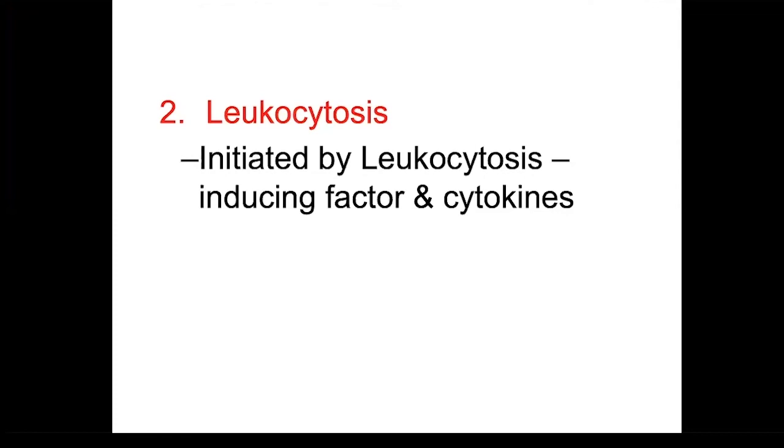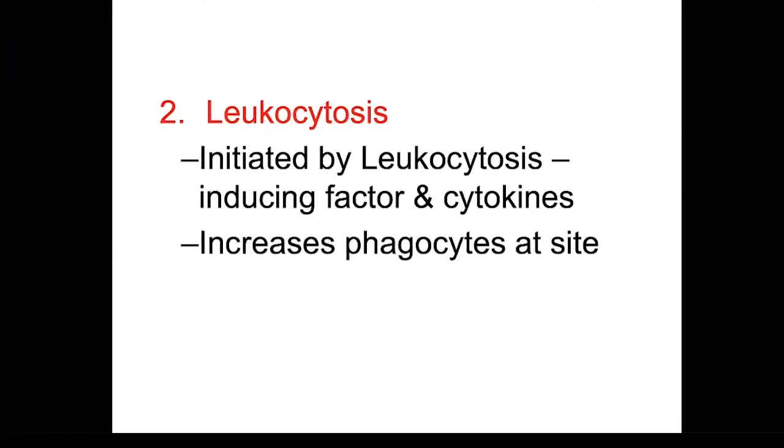These will go to the red bone marrow and increase leukopoiesis, or white blood cell production, which will result in leukocytosis. The primary leukocyte that will be increased is your neutrophil, but macrophages will also be increased. Both neutrophils and macrophages are phagocytic cells, so they will move to the site of injury.